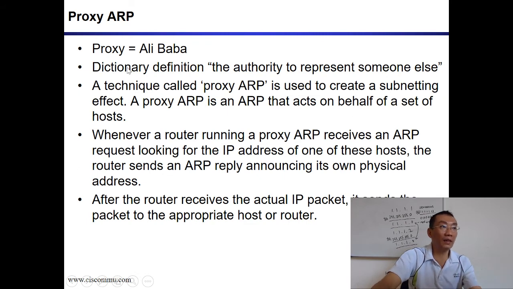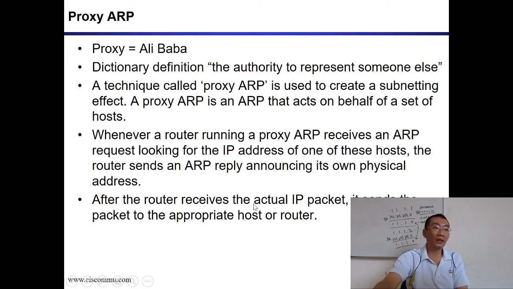There's also a definition called proxy ARP. Proxy ARP is used to create a subnetting effect. Proxy ARP is an ARP that acts on behalf of a set of hosts. When the router runs proxy ARP and receives an ARP request looking for the IP address of one of these hosts, the router will send an ARP reply announcing its own address.